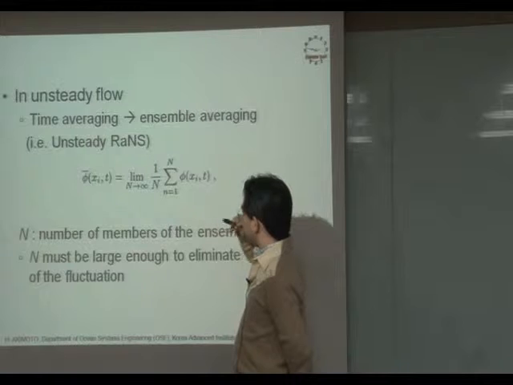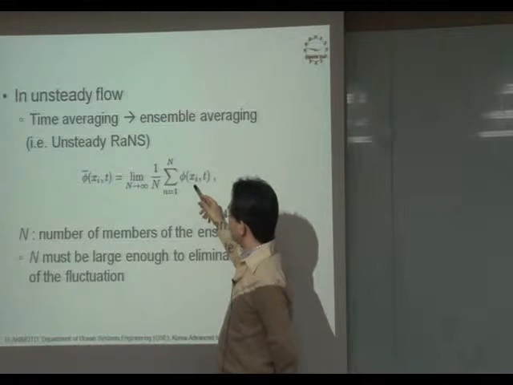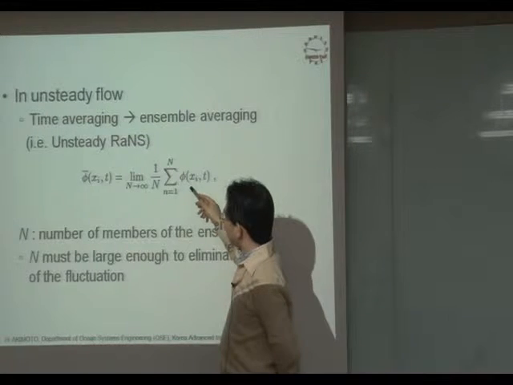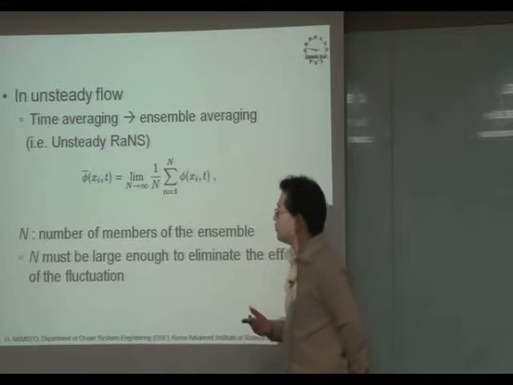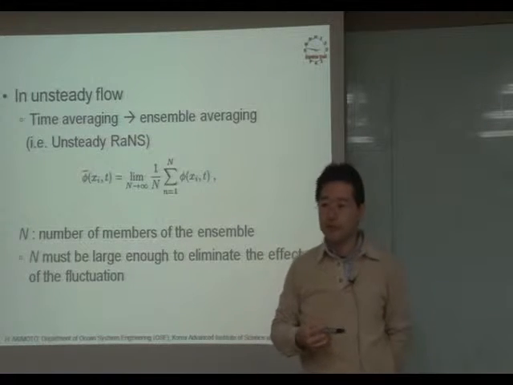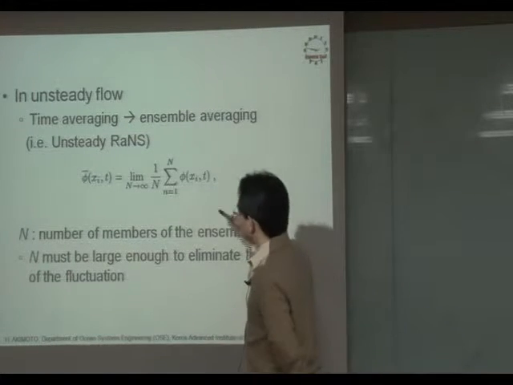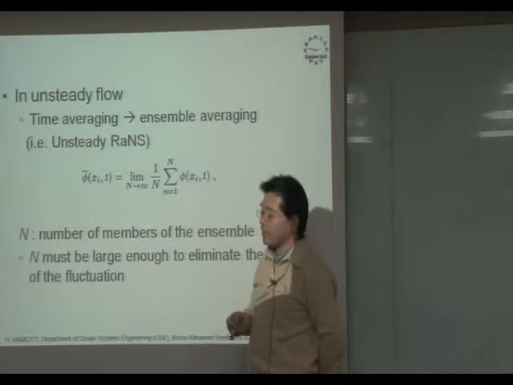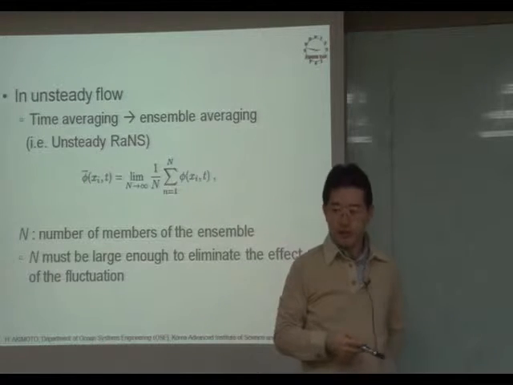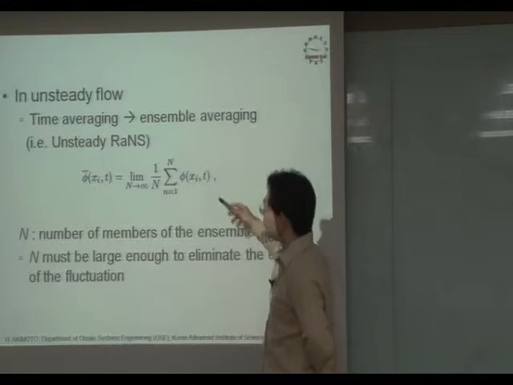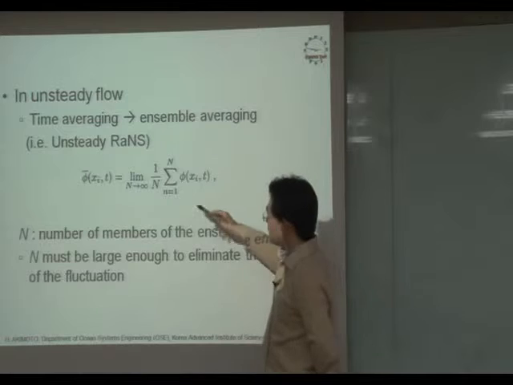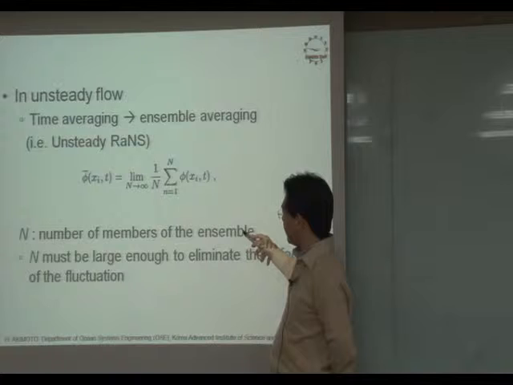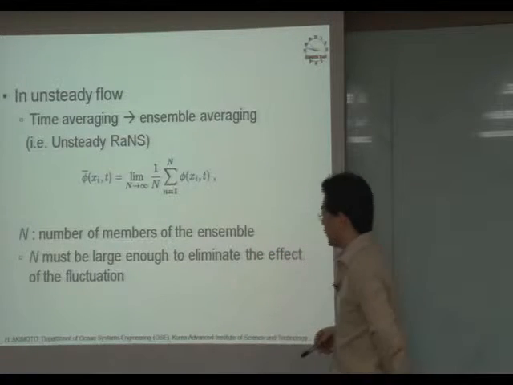In this case, we will select the number of elements in the flow field. So this consideration is very similar to the filtering of large eddy simulation. We can say it is almost the same. In this case, N is the number of members of the ensemble averaging.